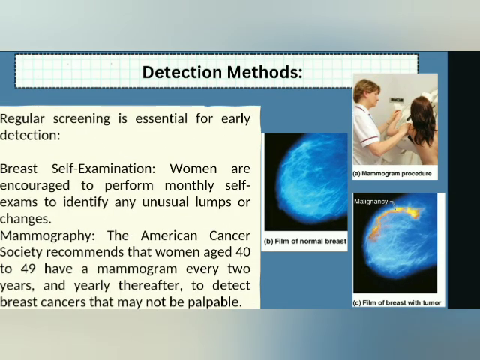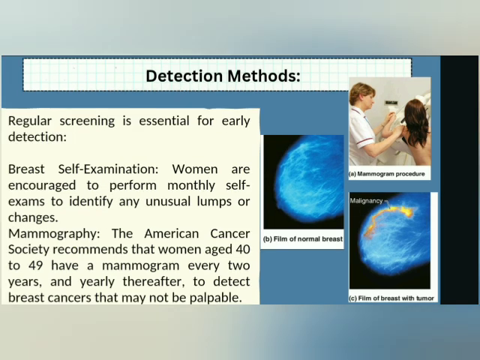In breast self-examination, women are encouraged to perform a monthly self-exam to identify any unusual lumps or changes. The American Cancer Society recommends that women aged 40 to 49 have a mammogram every 2 years and yearly thereafter to detect breast cancer that may not be palpable.